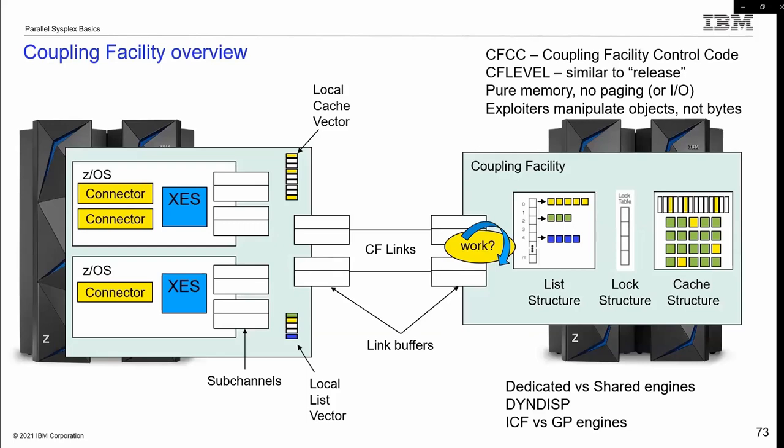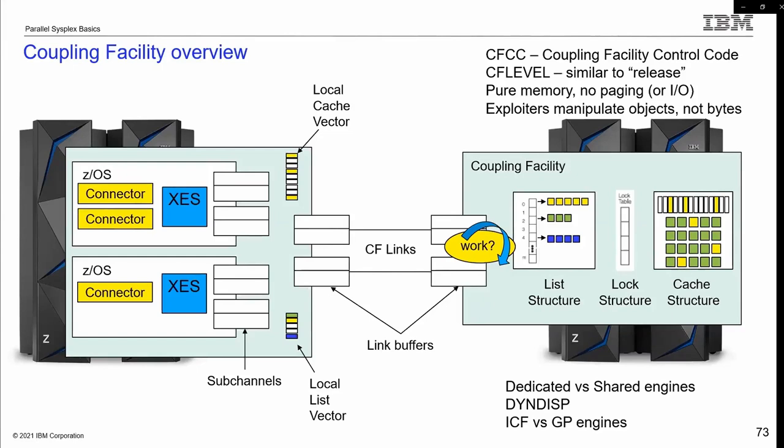In this picture, they're on the same CPC or mainframe box, but of course they could be located anywhere. On the right, we have a coupling facility. This coupling facility is pictured in a standalone box, but certainly could be an internal coupling facility running in its own LPAR on the same CPC or a different CPC than these other z/OS images on the left-hand side.